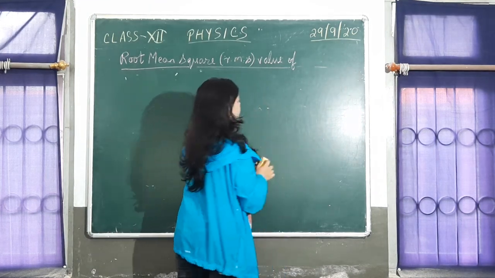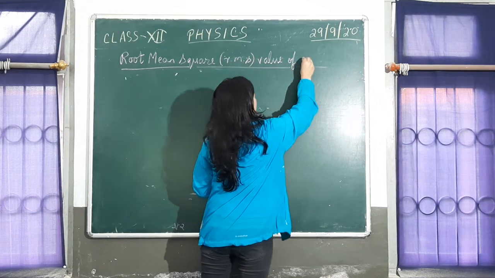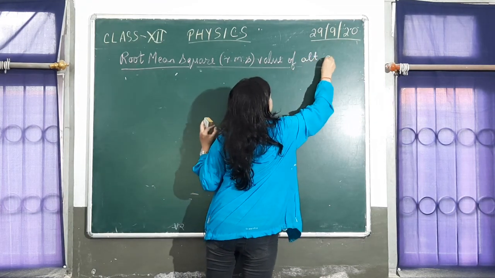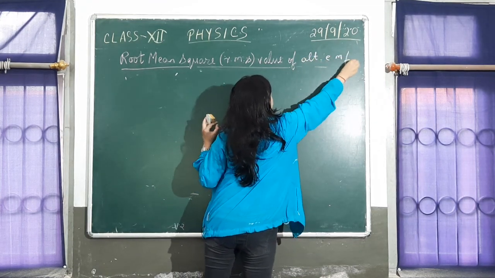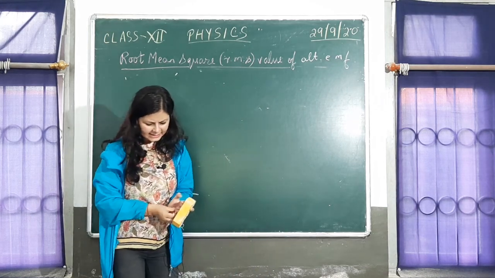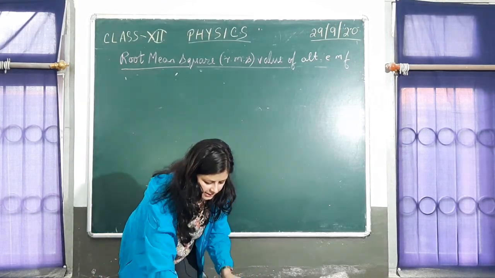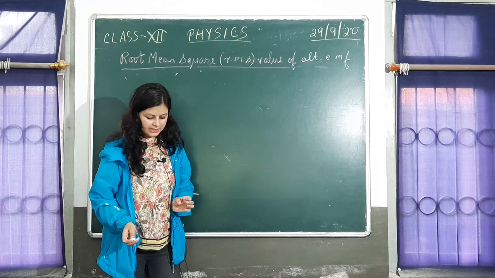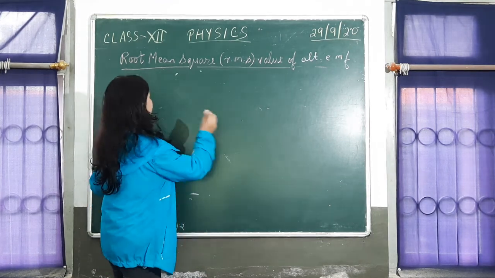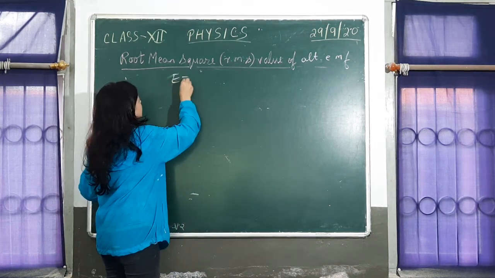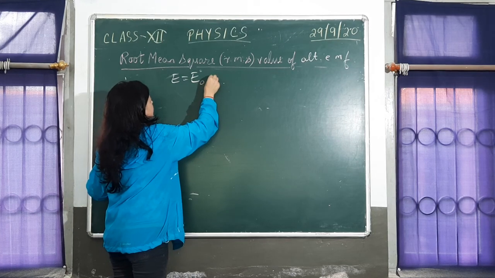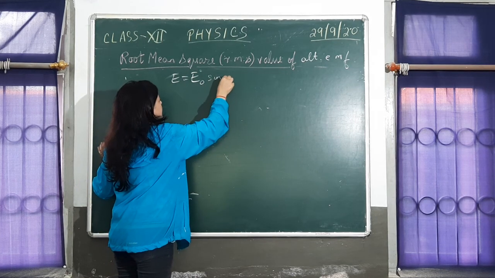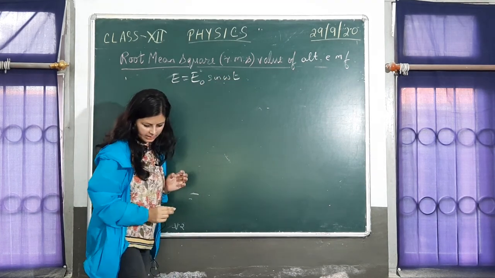The final expression will be the same, but the deduction is slightly different because it is the value of EMF which has to be related with the value of current. So let us have an alternating EMF represented by E is equal to E naught sine omega t.